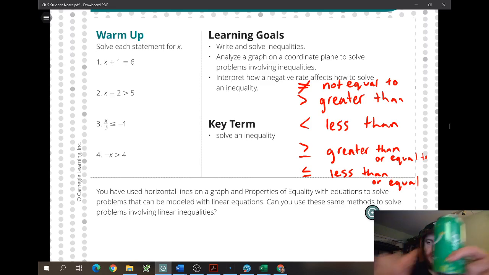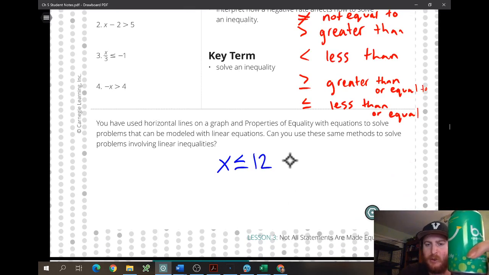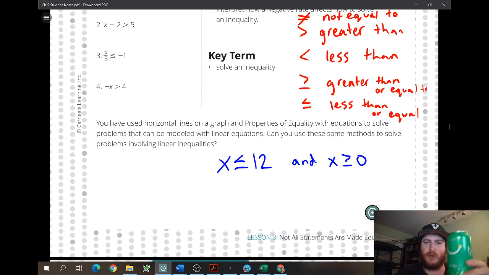So if we wrote that as an inequality, we know that there is less than or equal to 12 ounces. Technically, we also know that there's more than or equal to 0, so it's some number in between 0 and 12.